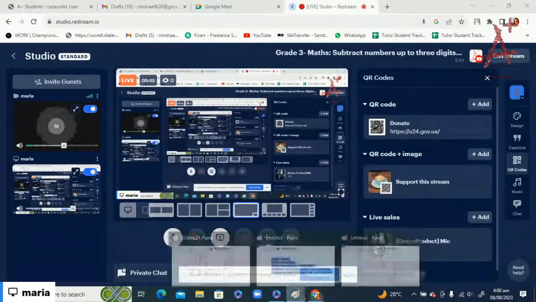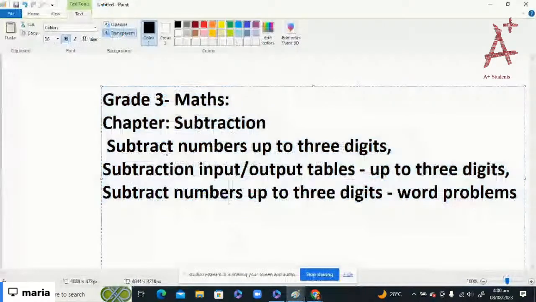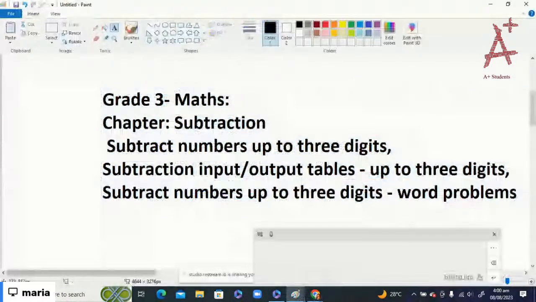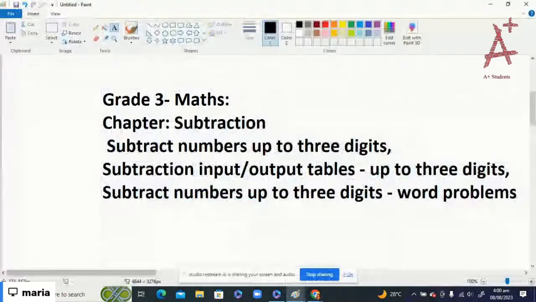So here today we will discuss grade 3 maths. Here the chapter is subtraction, and these are all the lesson names: subtract the numbers up to 3 digits, then subtract input output tables up to 3 digits, and subtract numbers up to 3 digits word problems.